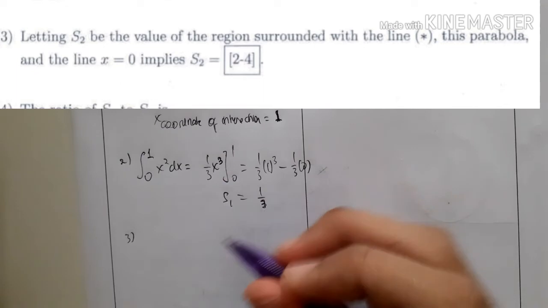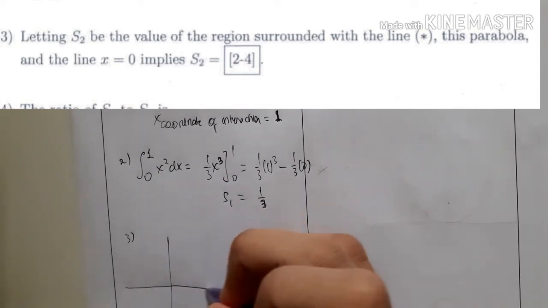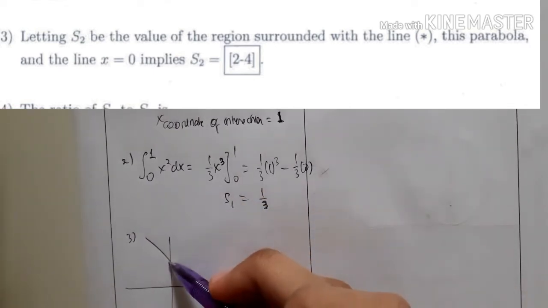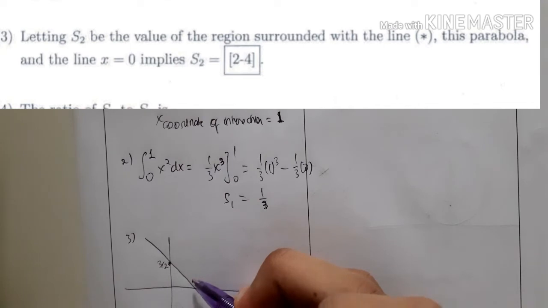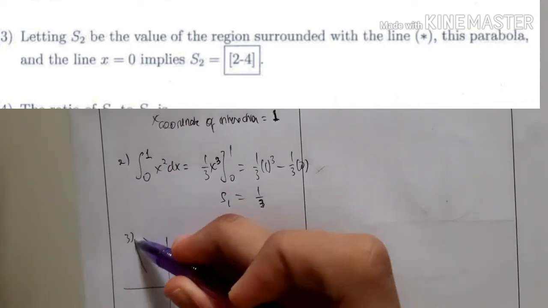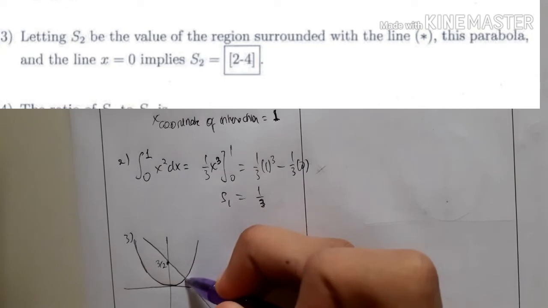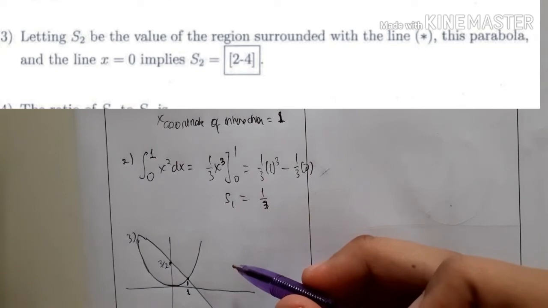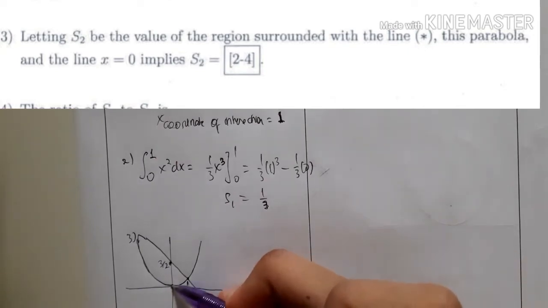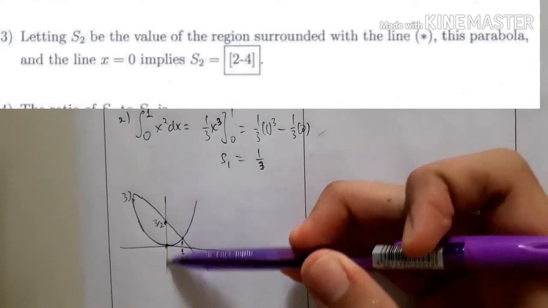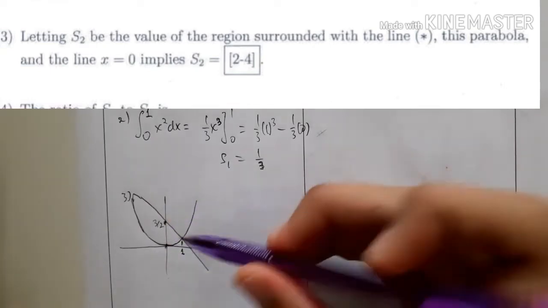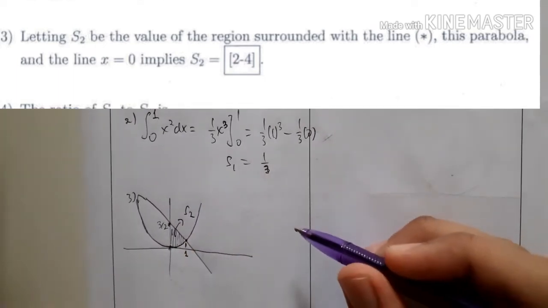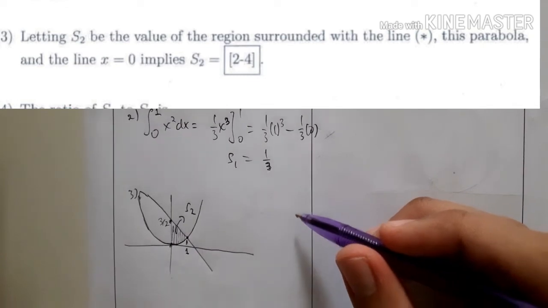S2 is the area between the line we just got, passing through 3/2, and the parabola x squared, intersecting at 1, and also bounded by the line x equals 0, which is the y-axis. This is the area that we need to calculate. They ask for S2 in box 2, 4.